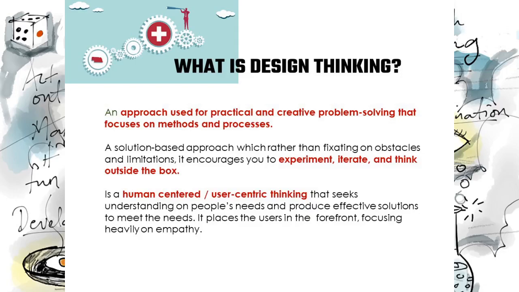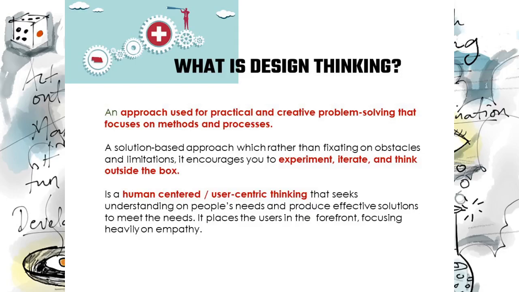For example, if it's for a kid, you will have to think about what kids like. If it's for elderly folk, then it's for elderly folk. So it's really about human-centered, all centered on persons.